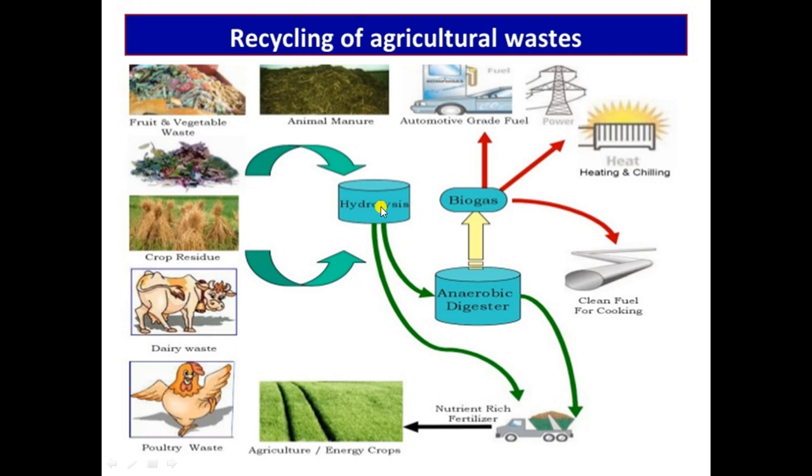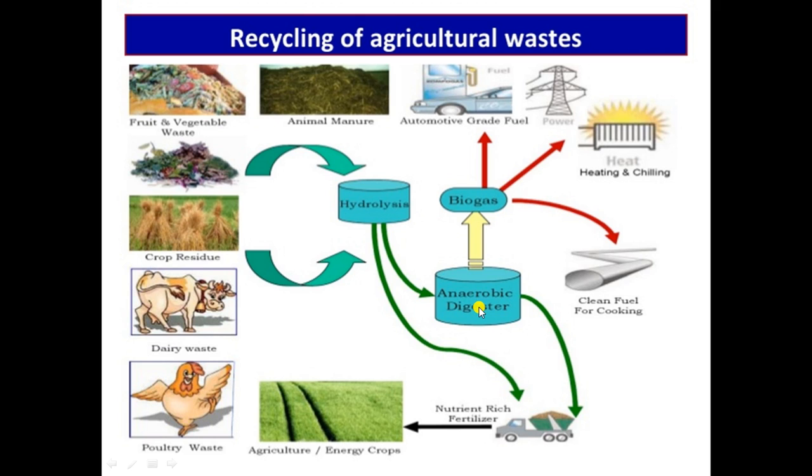After this hydrolysis, this wet waste material, the waste with water, will go to the digester. This digester is an anaerobic digester because it is a closed chamber. Anaerobic digestion occurs here. Methanogenic bacteria work in this digester, and the waste is digested by that bacteria and slurry is produced.